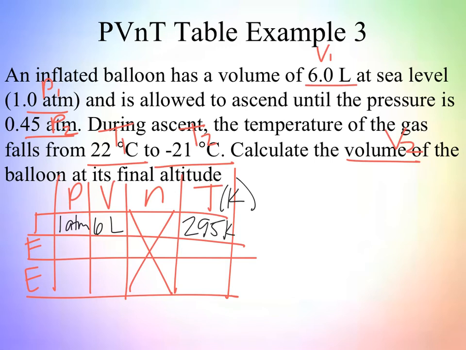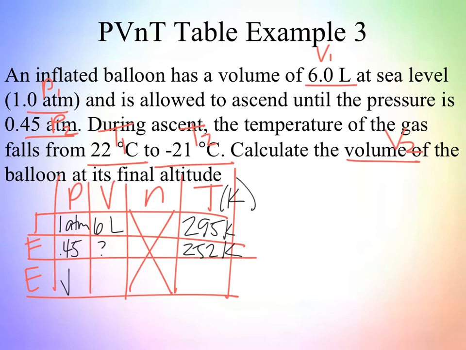Okay, now let's fill in our final. So our pressure becomes 0.45 atm, volume is what we're trying to find, and temperature actually becomes 252 Kelvin. So now what we're going to do is determine what happens to volume based on both of these changes. Let's start with pressure.